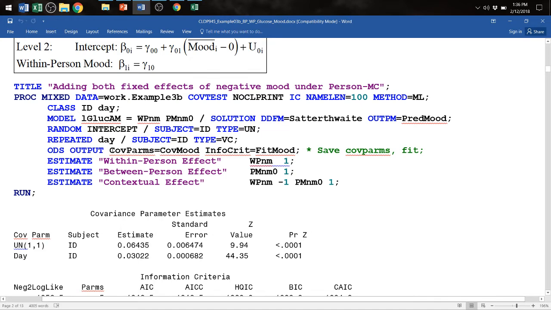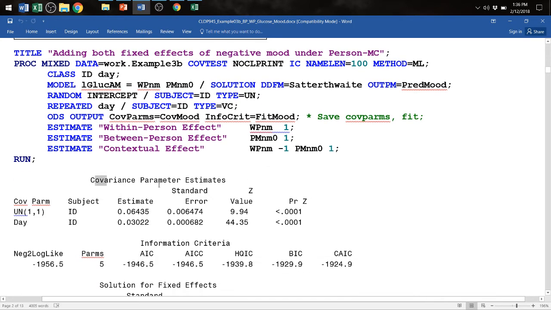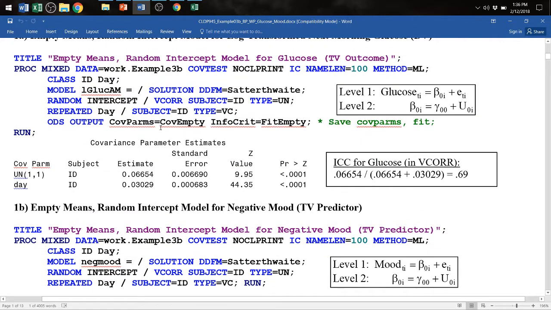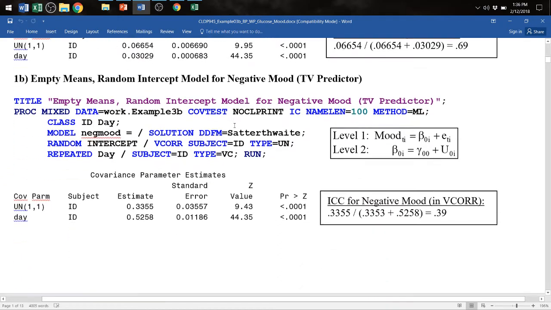I have saved the Cove parms table, which is this little piece right here, into a data set called Cove mood. I'm going to use that to do pseudo R squares. InfoCrit is my fit test, and I've saved this into a data set to test random effects subsequently. I had already saved Cove empty and InfoCrit fit empty from the empty model as a comparison.